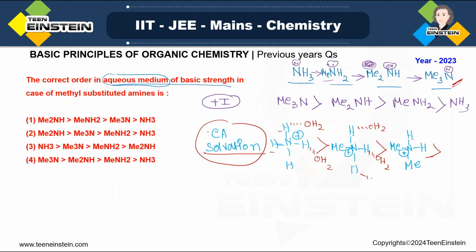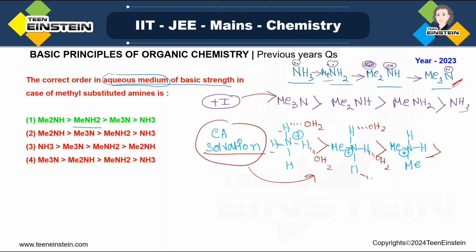Now what will happen in aqueous medium? You have to take the combined effect of these two reverse effects, because according to plus I you are getting this result, and according to conjugate acid solvation you are getting another type of order. So you will take the combined effect, and when you take the combined effect, Me2NH will show maximum basicity.